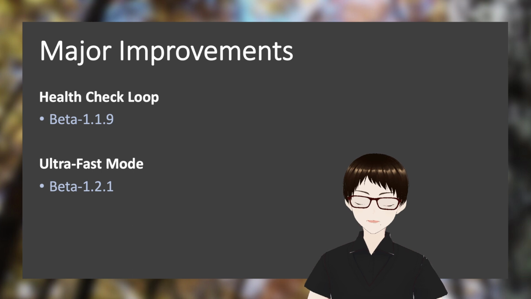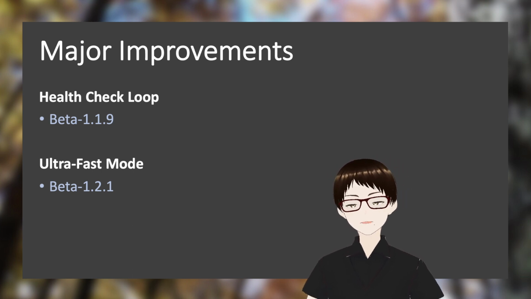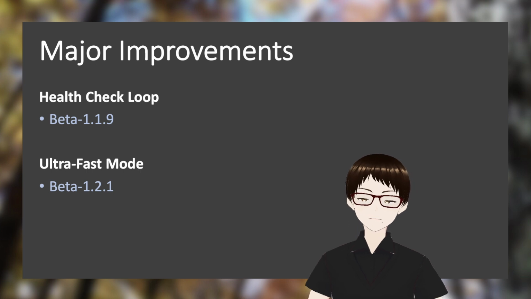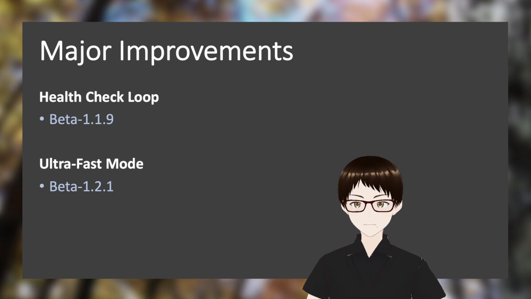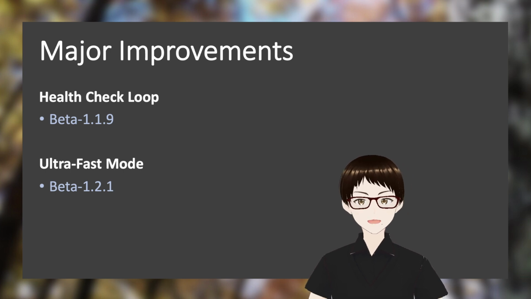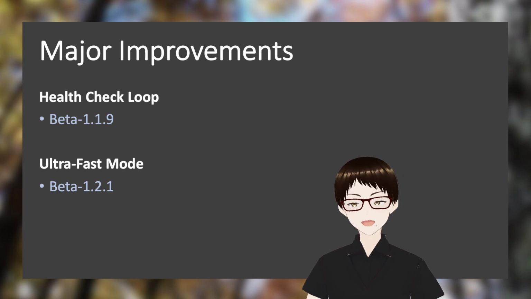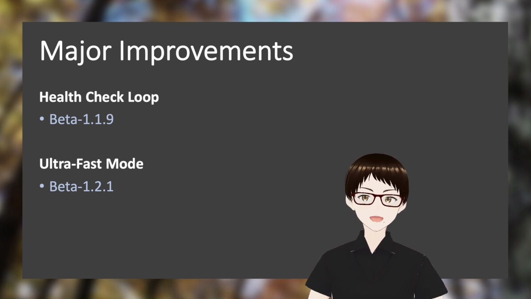It can continue running. And the second one is a mode that requires less CPU and GPU computation when we are streaming and playing games that use GPU or CPU. Right, so yeah, these are the two major development items.